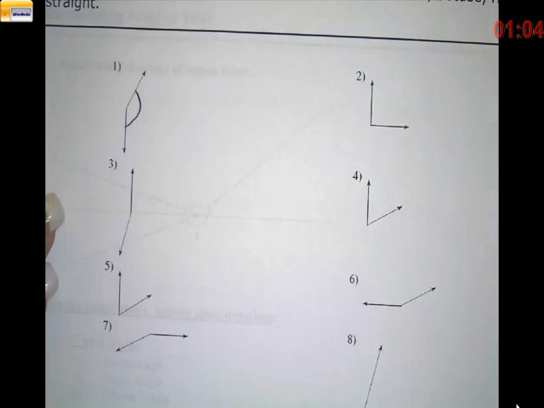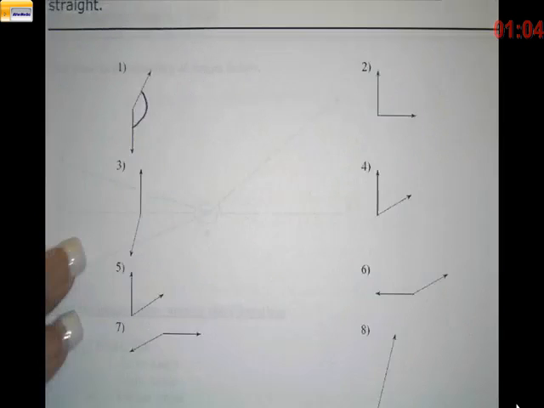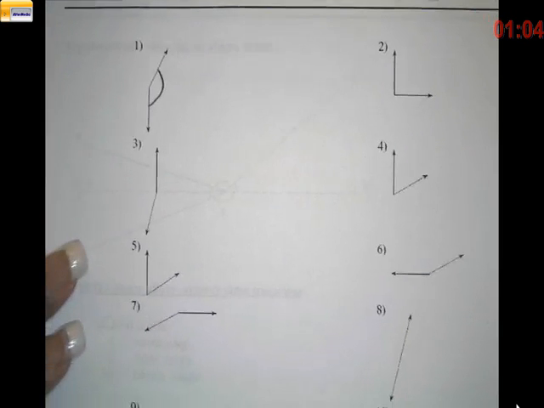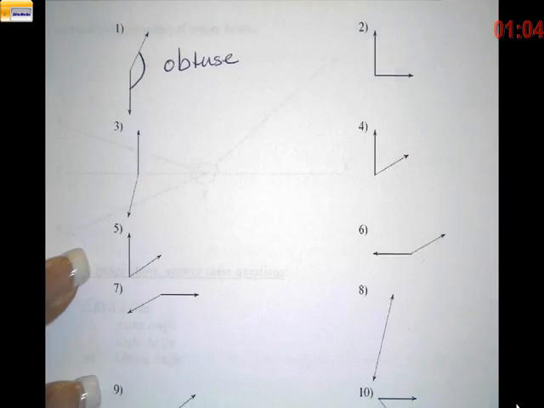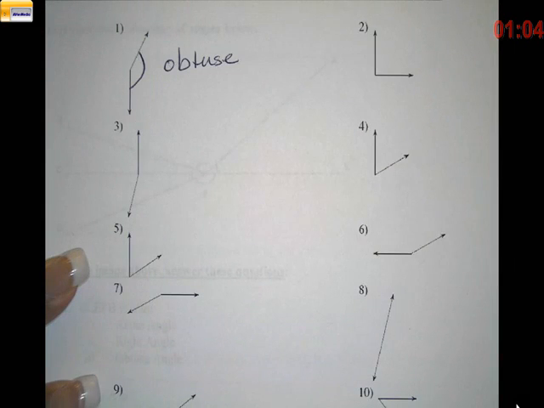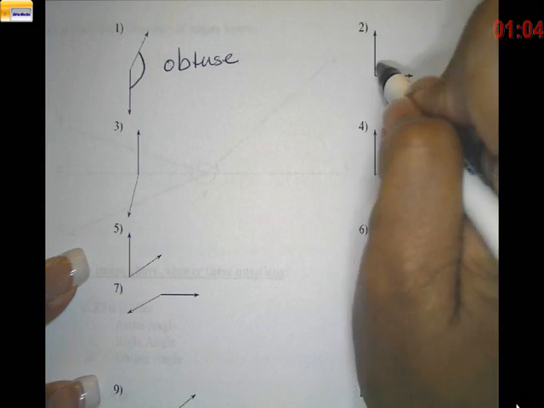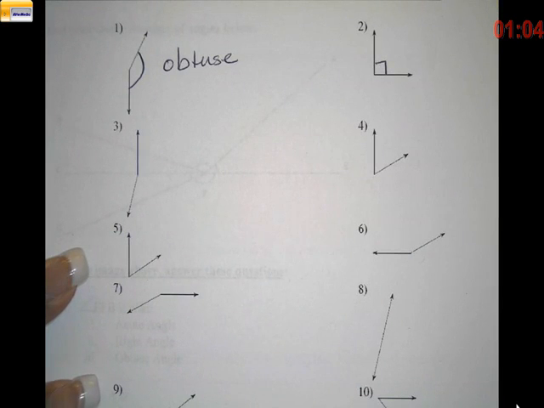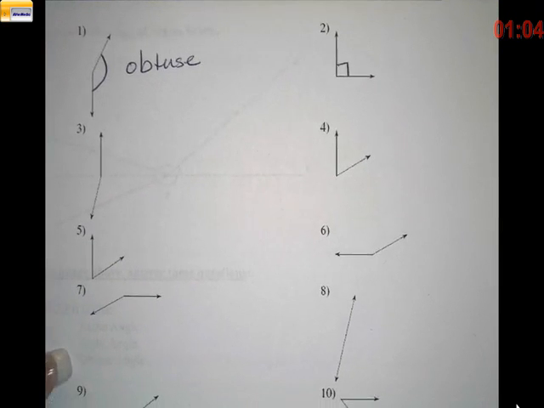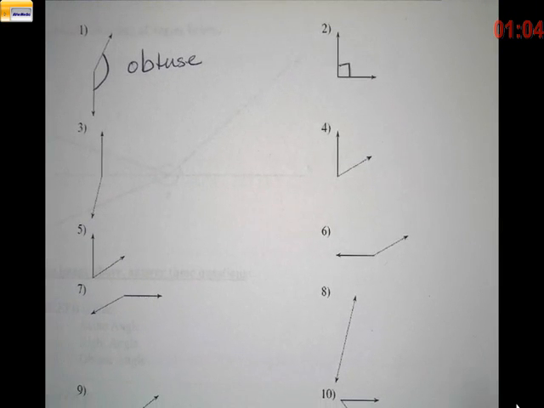What kind of angle would that be? Well, we classified it. Obtuse. And spelling counts. On number 2, what kind of angle is that? Right angle.